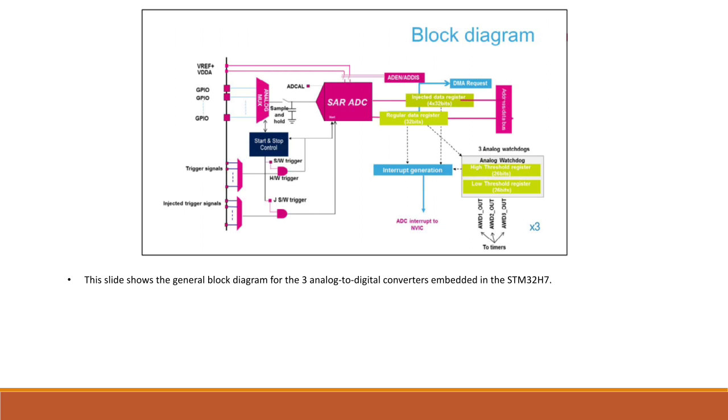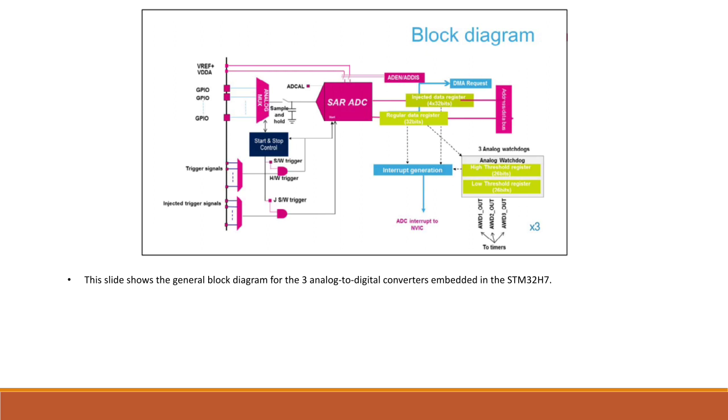The SAR, that is successive approximation, is on the left, along with the injected data register, which is 4 x 32 bits, and the regular data registers, which are 32 bits. On the left you can also see injected trigger signals, GPIOs, VREF, and VDDA.